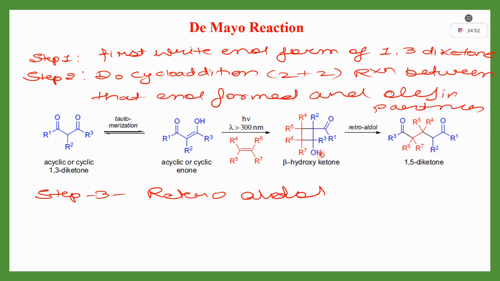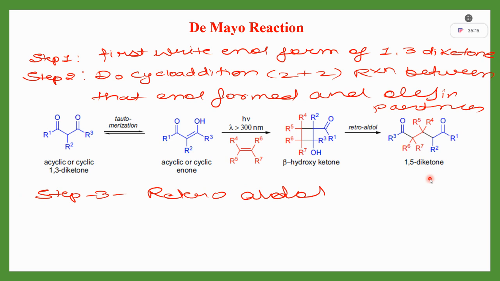Alpha, beta, beta-hydroxy ketone. So, in retro-aldol, what will happen? This bond will shift here, this bond will cleave and will result in the formation of this 1,5-diketone. Okay, there is no other possibility than this retro-aldol. So obviously it will cleave this bond from here only.